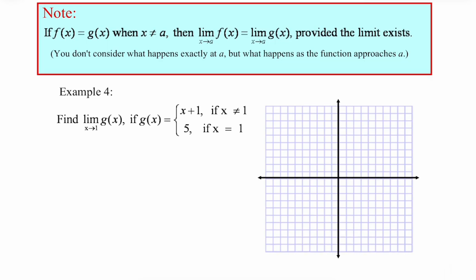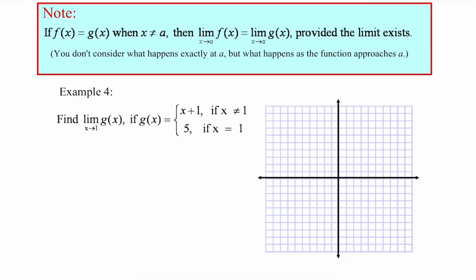Now, what this slide is saying, basically, is if two functions are pretty much the same, except at a point, the limits are going to be the same at that point. Now, how is this helpful? So I'm going to draw for you, in example 4, the function in question, okay?